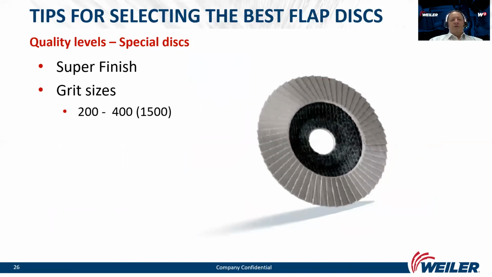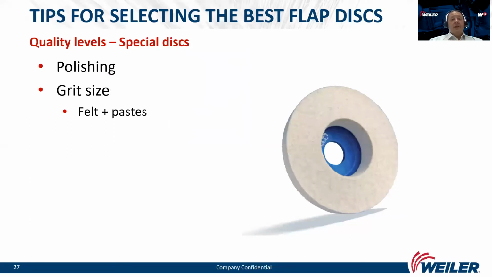Super finish flap discs are the best for improving metal surface quality, in case the metal surface must be well prepared for metal plating or for polishing until a mirror-like surface roughness is achieved. Grains are made of special aluminum oxide, suitable also for stainless steel grinding.